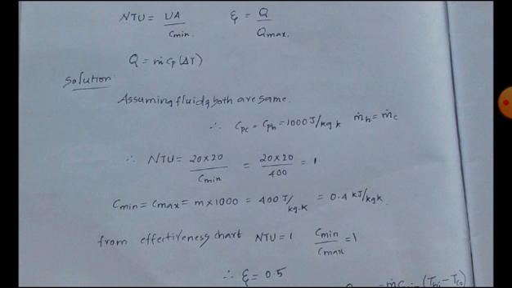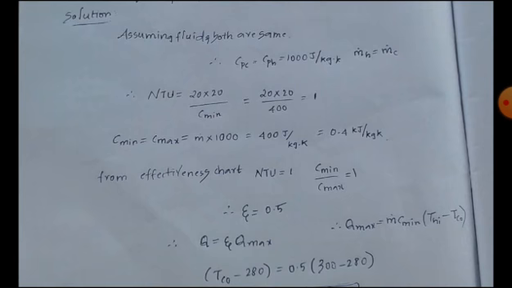Now with the NTU value and the ratio C min by C max, we take the value of effectiveness from the effectiveness chart in the HMT data book. I think they will not provide these charts in the examination, hence we have to remember them. It's not a difficult task, we can easily remember those charts too. If you take an approximate value, it's enough, we will get an answer near the original answer.